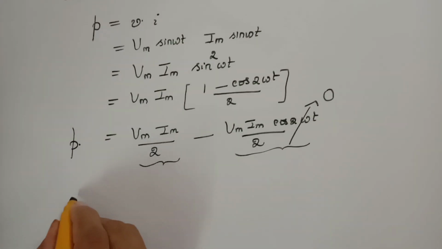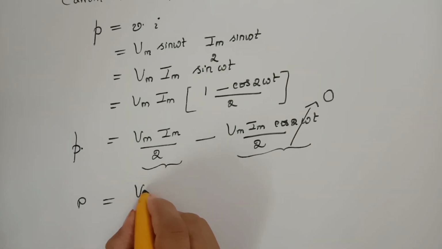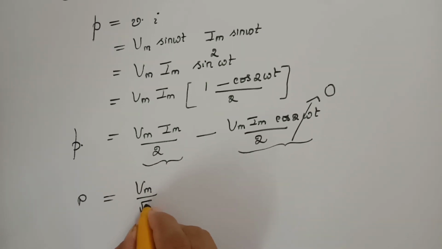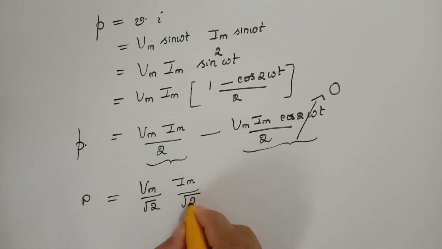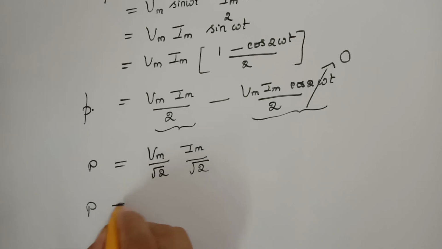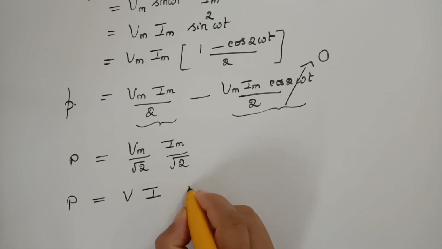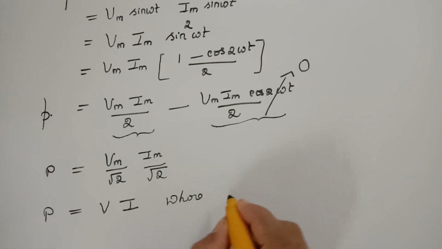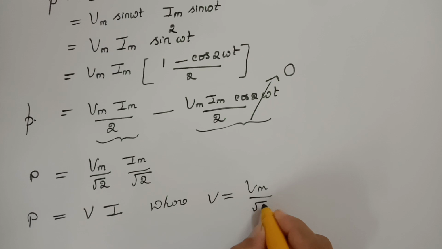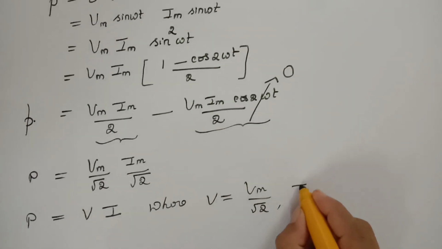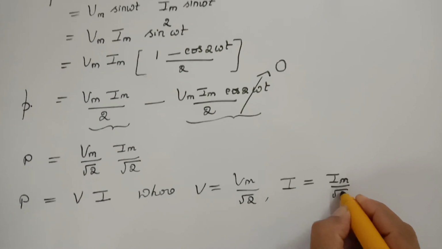So you can write the average power as Vm by root 2 into Im by root 2, or P is equal to V into I, where V is the RMS value of the voltage, which is nothing but maximum by root 2, and I is the RMS value of current, which is Im by root 2.